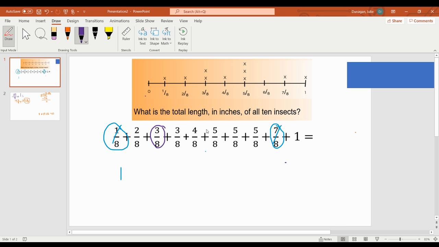So I have 3/8 plus 5/8 gives me another 1. I'm going to cross these guys out because I used them. Okay, I have another 3 and 5. So 3/8 and 5/8 gives me another 1. I'm going to cross those out.